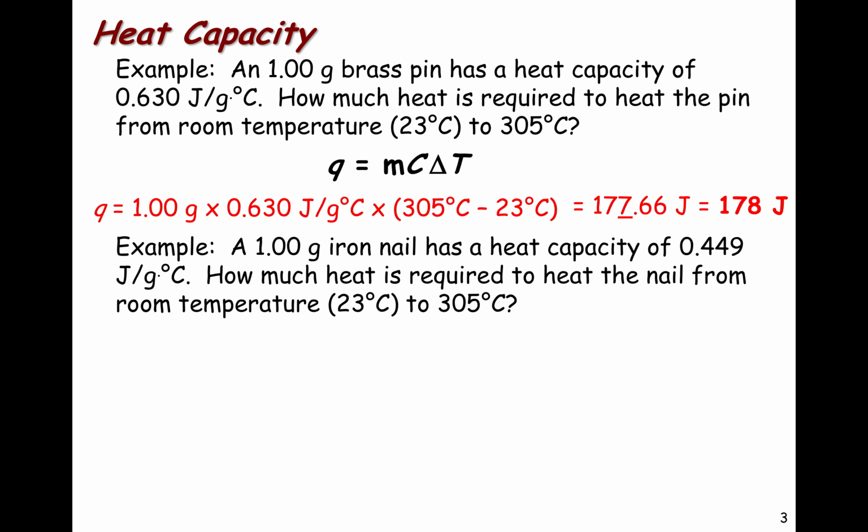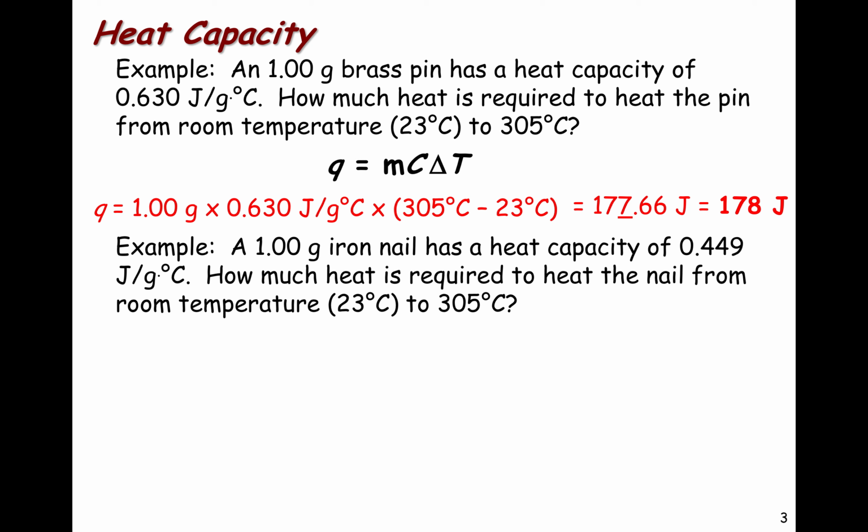If we were to look at a similar question, but instead of a brass pin we had a 1 gram iron nail, iron has a heat capacity of 0.449 because the material is different, so the specific heat changes.